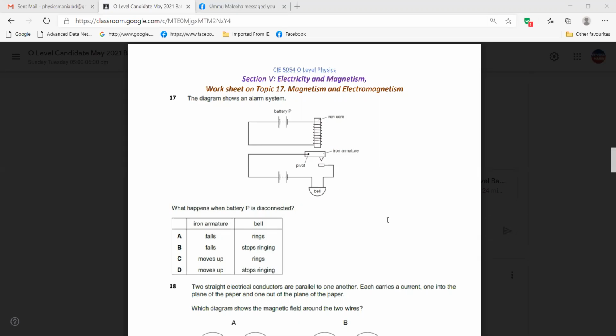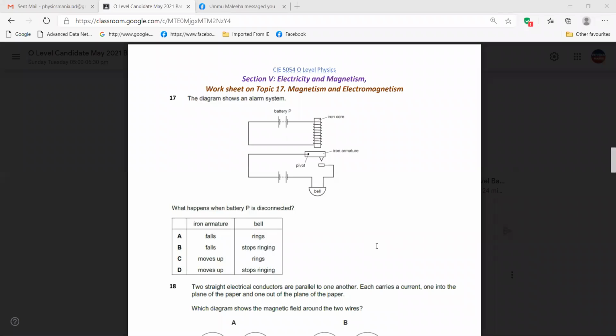The next, which one? I think it's 19. Oh, no, 18.